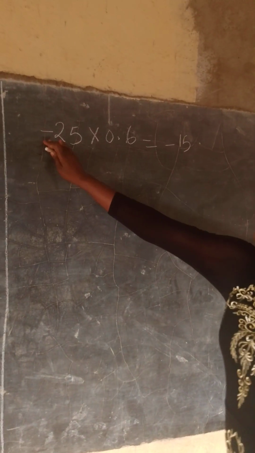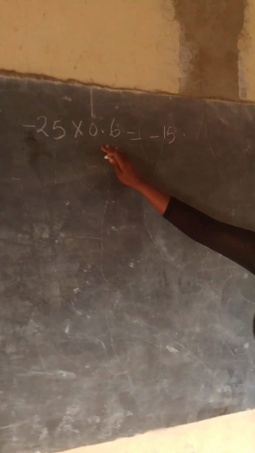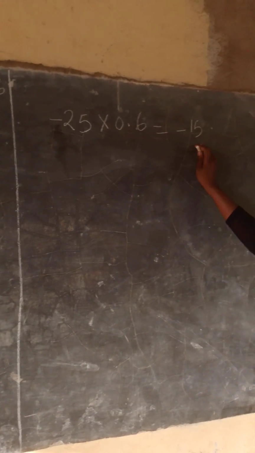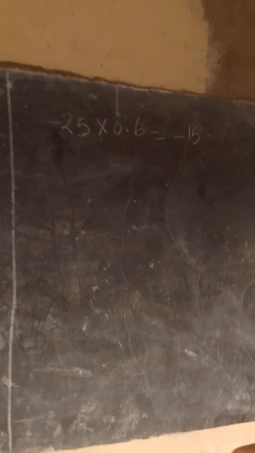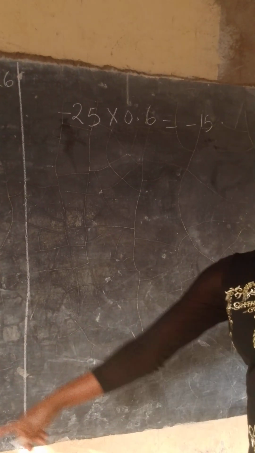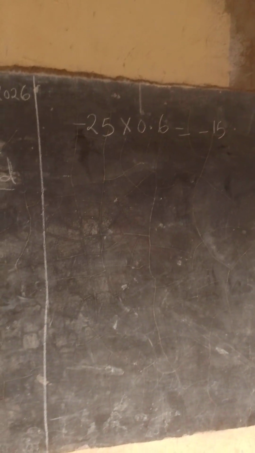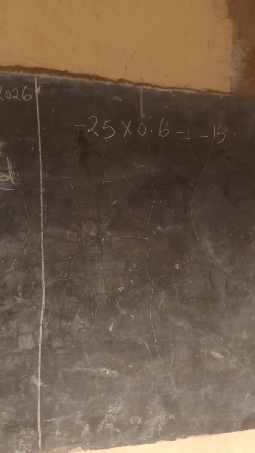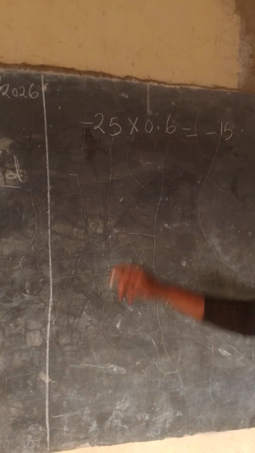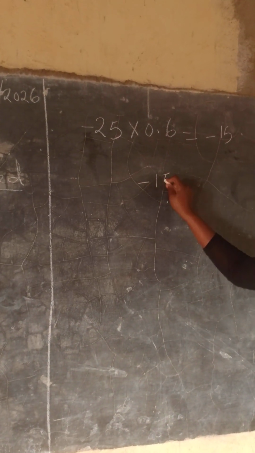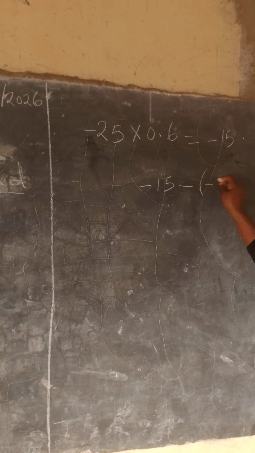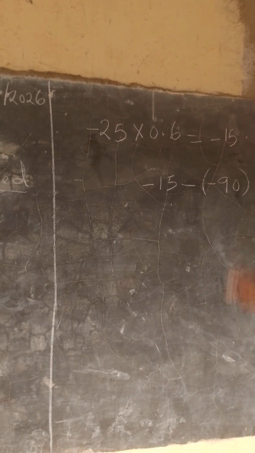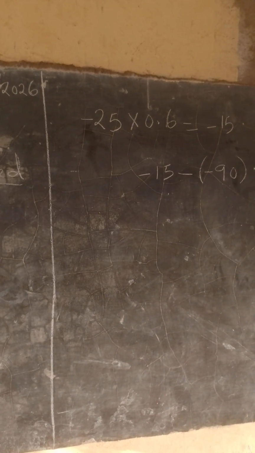Because this is a negative integer times a positive integer, we expect to get a negative integer. And then we can substitute that into our expression. That is negative 15 minus negative 90. We are simplifying our work step by step.